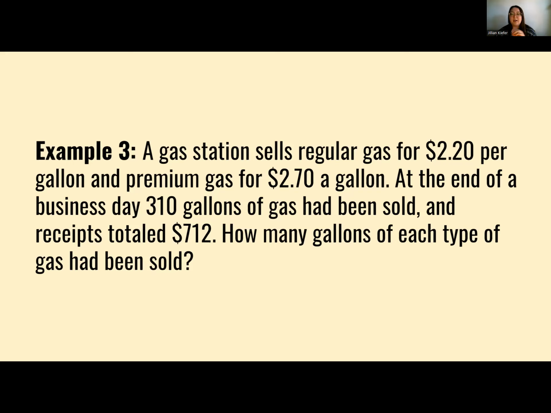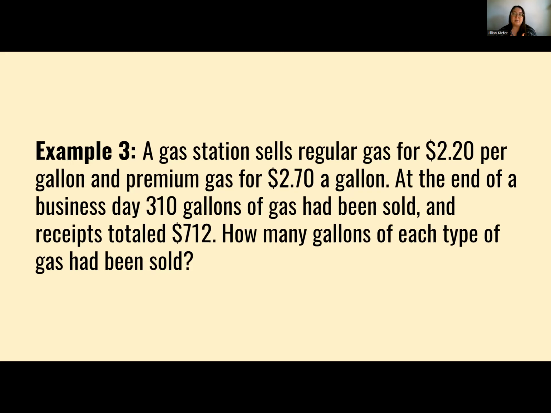So if we're looking for types of gas, we're looking at regular and premium. So regular and premium are going to be our variables. We can say regular is x and say premium is y. Then we have lots of things that we can now attribute to this. We know that regular gas is $2.20 per gallon.